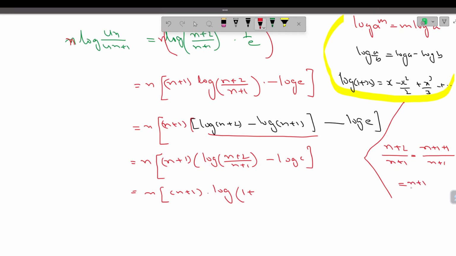So this is n plus 1 by n plus 1 plus 1 by n plus 1. This is getting 1 plus 1 by n plus 2. So 1 plus 1 by n plus 1. Log e is 1, because to the base e, log e is 1.